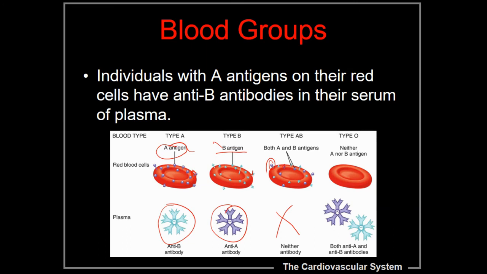If you are type O, you have the antibodies for both A and B, so you can't receive blood from anyone that's type A, type B, or type AB, because those individuals all have the antigens that the immune system will attack if you are type O.